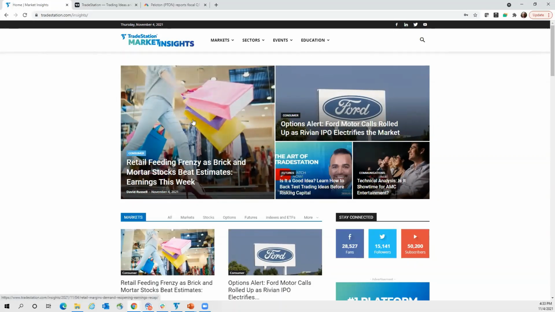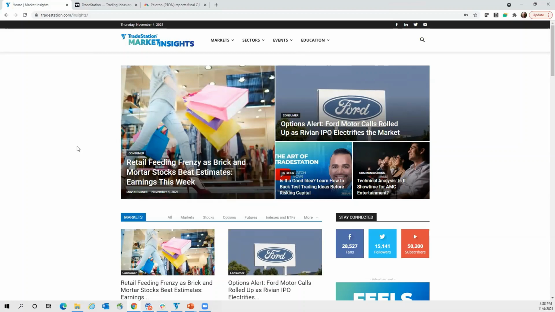Another thing in this article that was interesting is the weakness in Moderna, the vaccine company that cut its guidance today. Pretty significant downside, and it's interesting to me because on one hand, you see most of the economic data recovering, this swing back to brick and mortar, and at the same time you see the vaccine guidance getting cut.